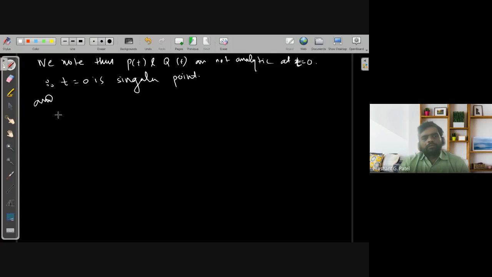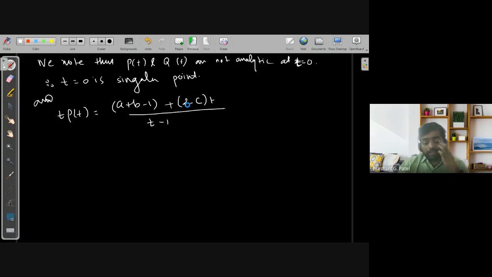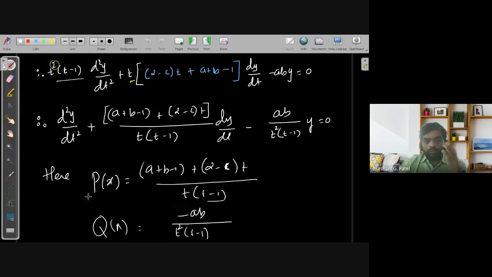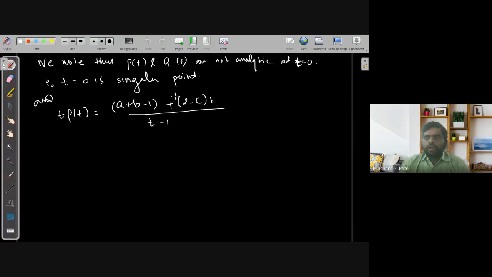And t into p of t, if you can see, that is a plus b minus 1 plus 2 minus c into t upon t minus 1. So if you can see the previously, this t into p of t, where t is cancelled out. Hence we have this. If you can write down into the series form, then we can write this as a plus b minus 1 upon t minus 1 plus 2 minus c into t.